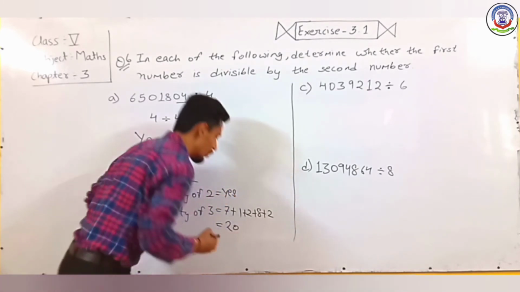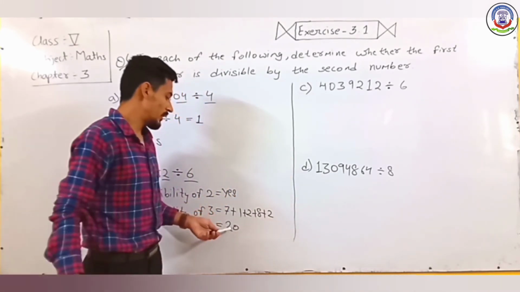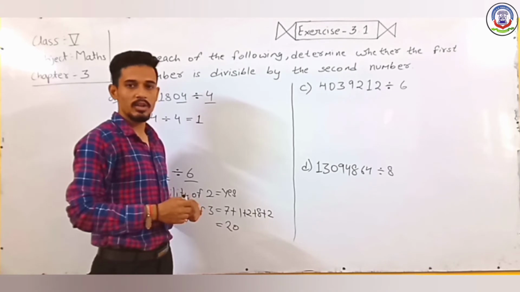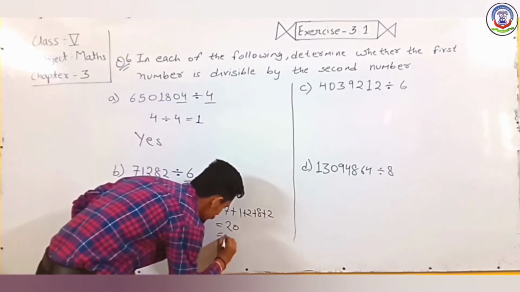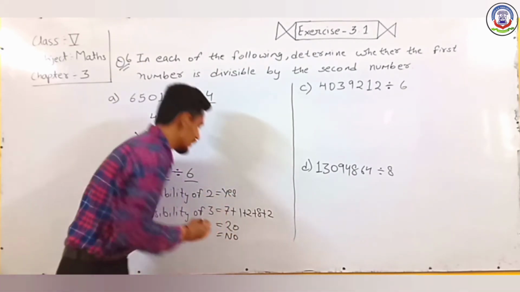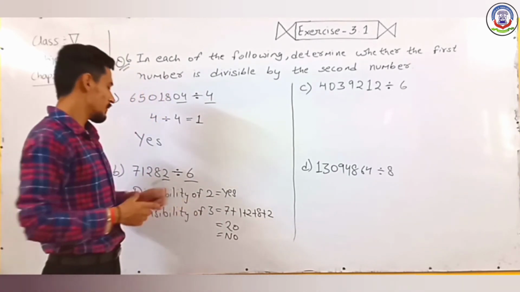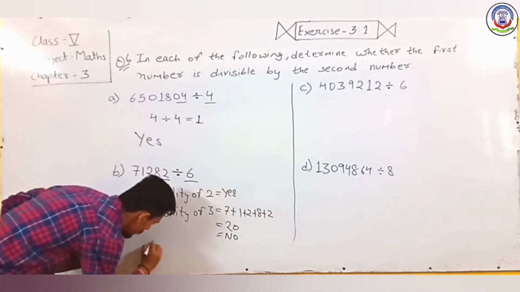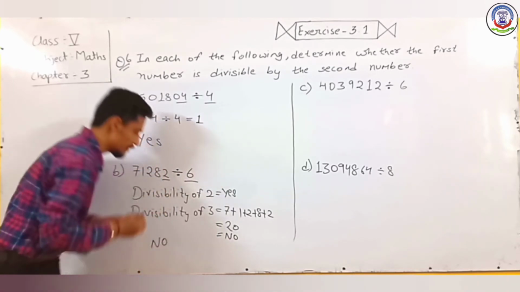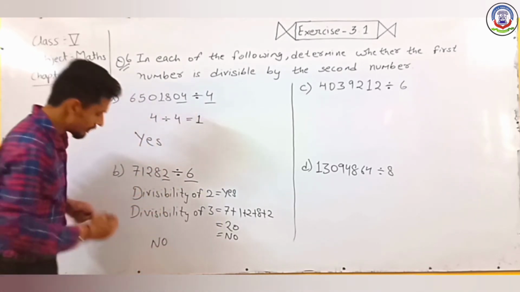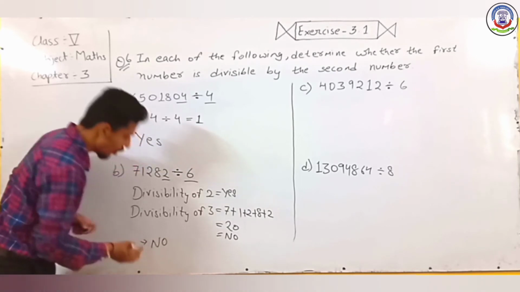So we get 20. Now 20 is not divisible by 3, so the divisibility of 3 is not possible. So from this we know this number is not divisible by 6 also. So we write here no.